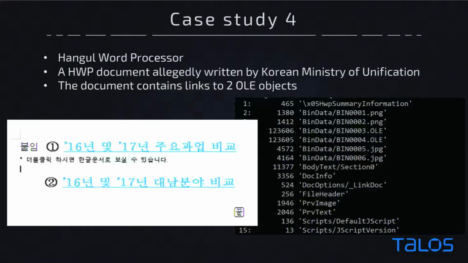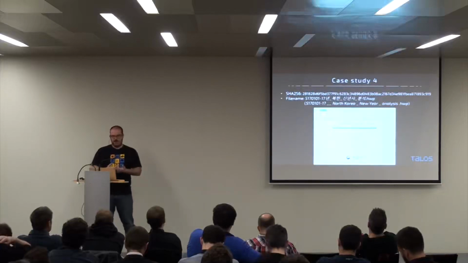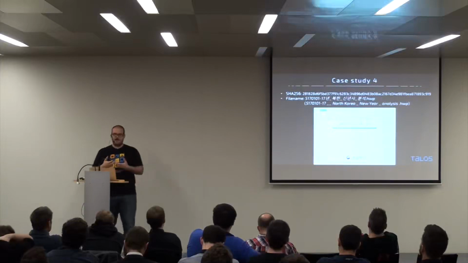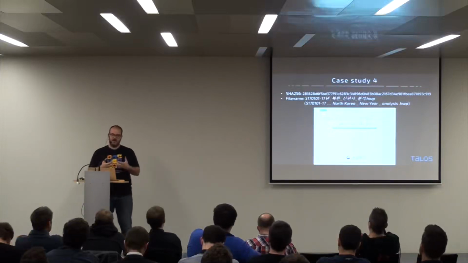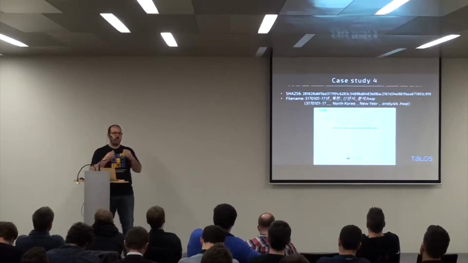At the end of the document, you have two links to get more information about some parts of the document. In this case, the document was sent during New Year, and the document explains how the North Korean leader changed the way of explaining problems between North Korea and South Korea.